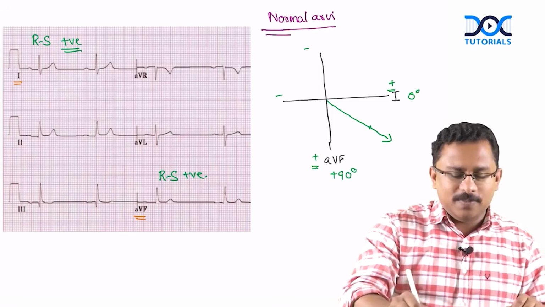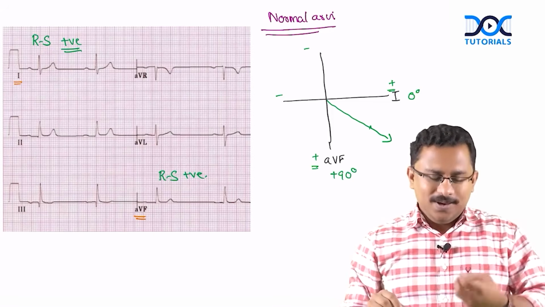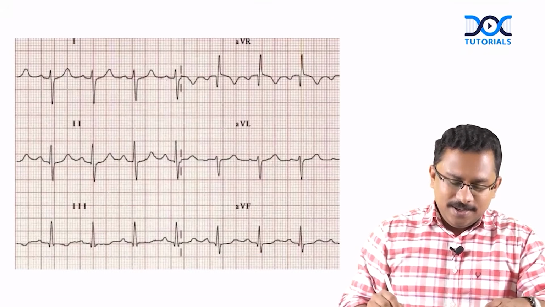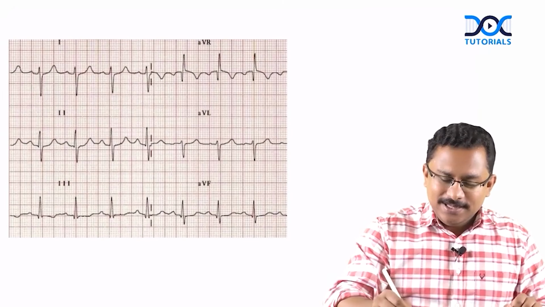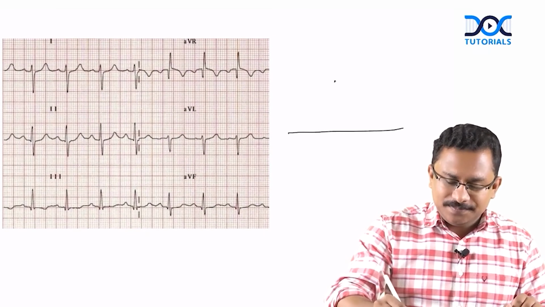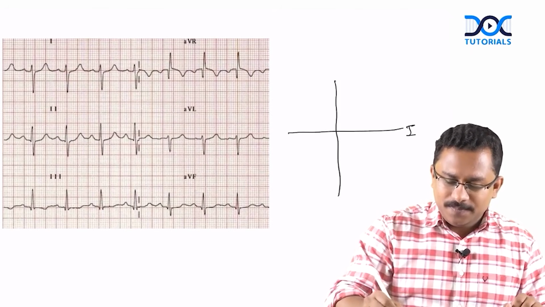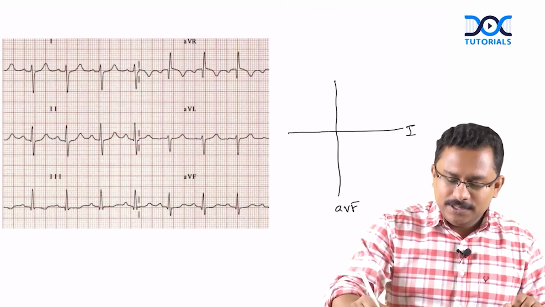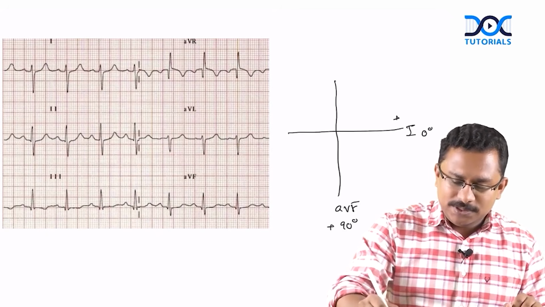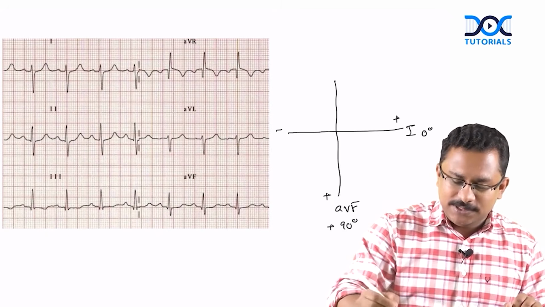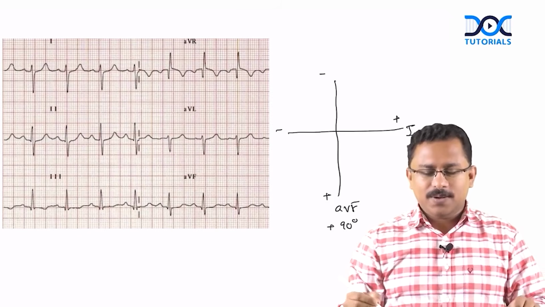Okay, let's move to the next example. Now be with me, you also calculate. So let's plot here: lead 1, AVF, 0 degree, plus 90 degree, positive, negative, positive, negative.